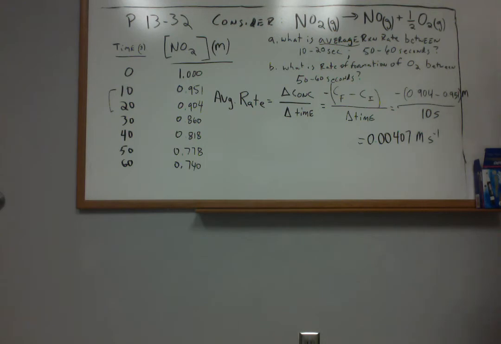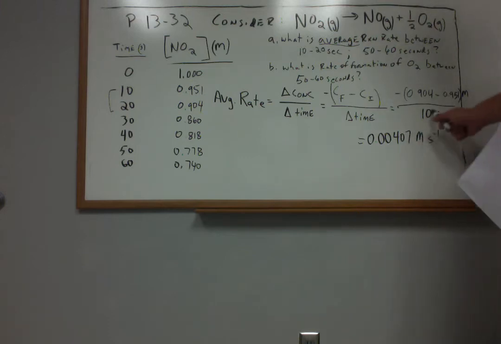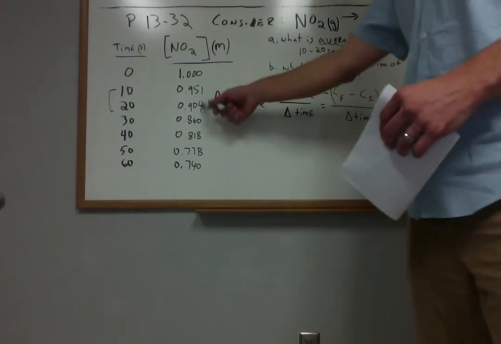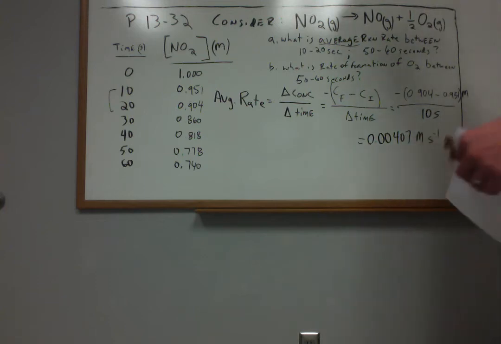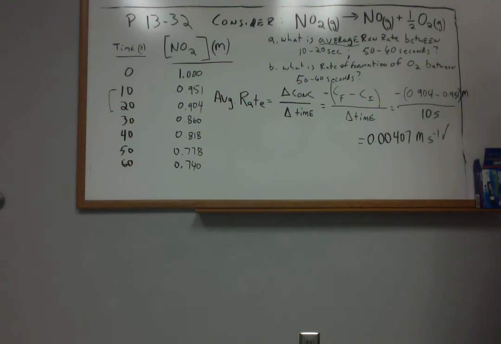If I want to think about sig figs, delta t is usually considered to be an exact interval of 10 seconds. So I basically link back to how many sig figs I've got in my concentration term, and that's going to be 3, so it looks like I'm okay with what I reported here. So that would be my average rate over that 10 to 20 second interval.